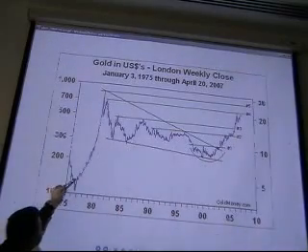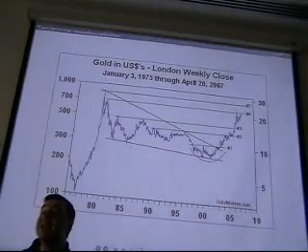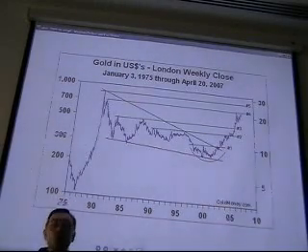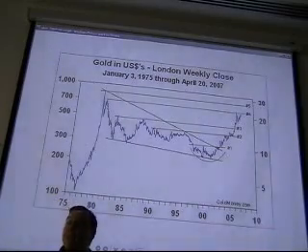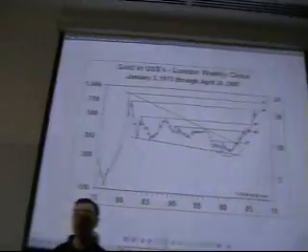You also see this vertical line here. This vertical line indicates a bubble. A vertical line indicates some sort of a mania, and it indicates that dumb money is rushing in.